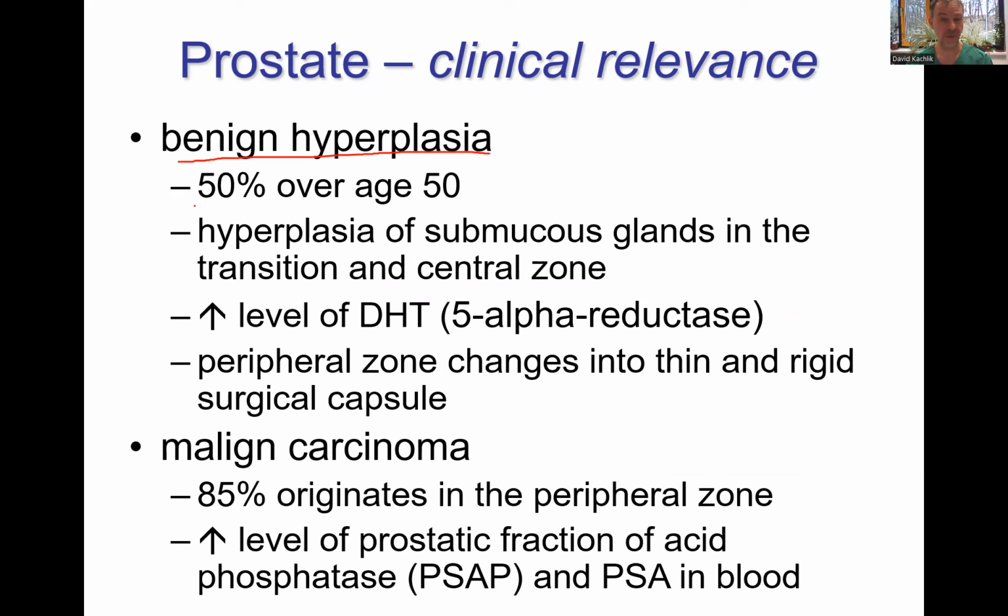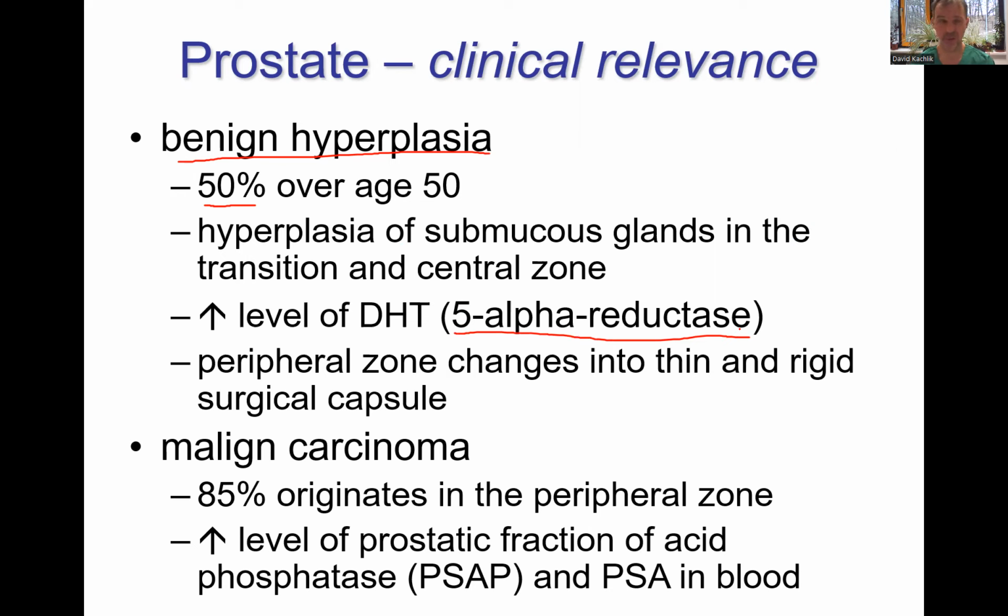You can see that it affects 50% of males above the age of 50. And it concerns mainly hyperplasia of submucous glands. That means glands in the transitional and central zone. Why? Too much activity of 5-alpha reductase in stromal cells, and then too much dihydrotestosterone causes hyperplasia of the glands.